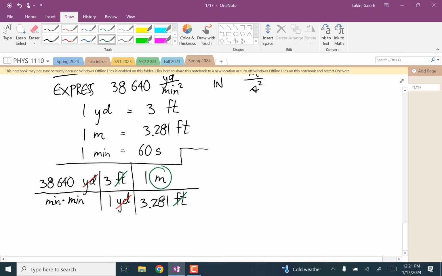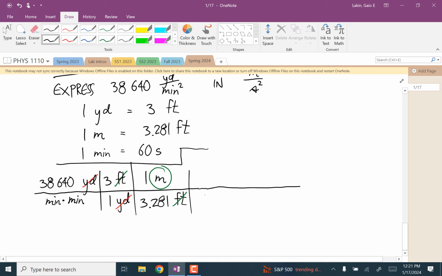But we still have units of time in minutes, so now we have to deal with that. Both of these minutes are in the denominator, so for my conversion factor I want minutes to be in the numerator so they cancel.